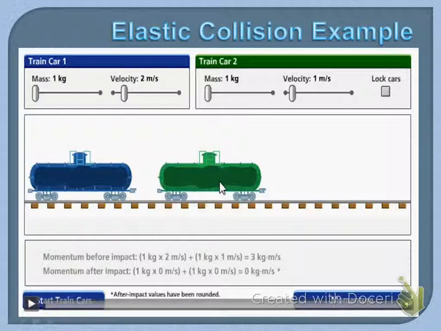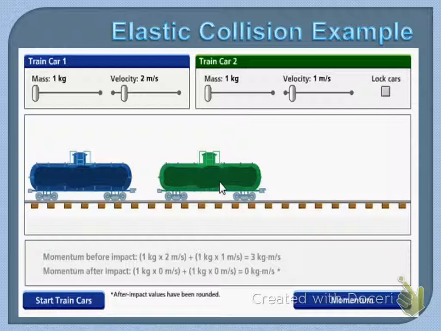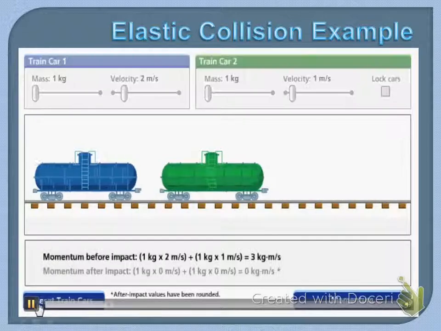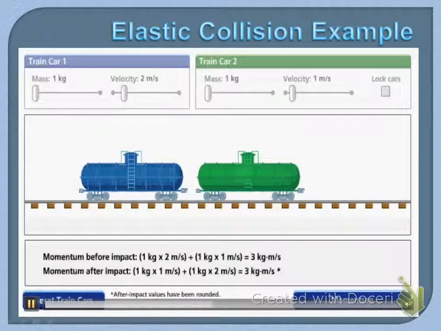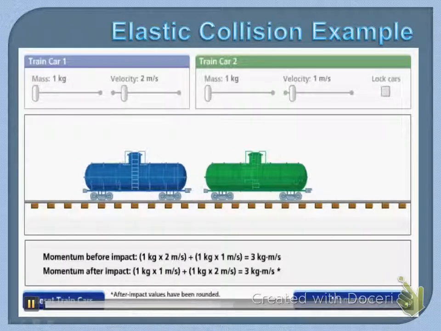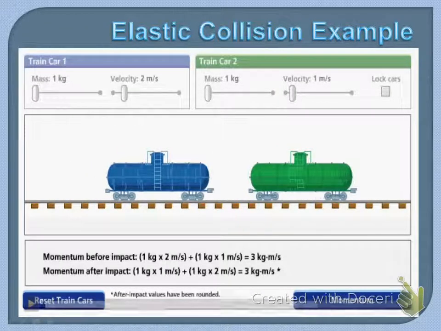we would have seen basically what happens in the momentum before impact. It's telling you it's 3 kilograms times meters per second. That means that the total momentum after impact has to be the same thing. Before the impact happens, it's saying that it's 0 because we have to play the animation to see what happens. So as it starts here, the blue train car catches up with the green train car, hits it, and transfers some of its momentum to it.